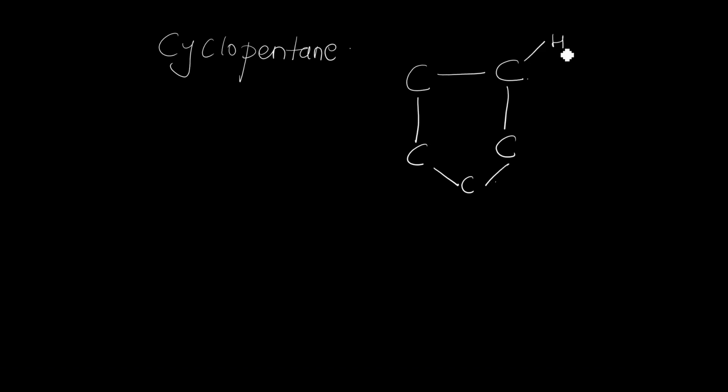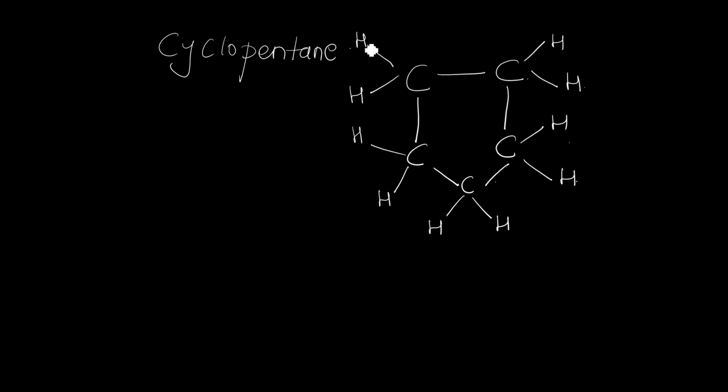Carbon is tetravalent, its valency is 4. So each carbon forms bonds with 2 hydrogens, and 2 other electrons form bonds with the neighboring carbons. Carbon, hydrogen, carbon and hydrogen. This is the structural formula for cyclopentane.